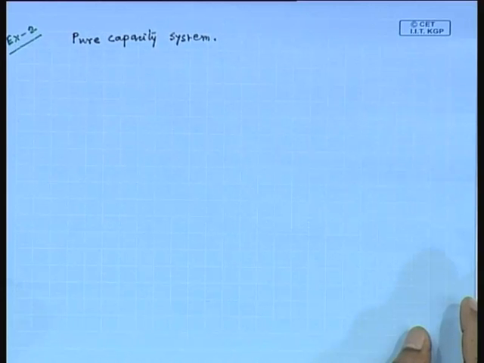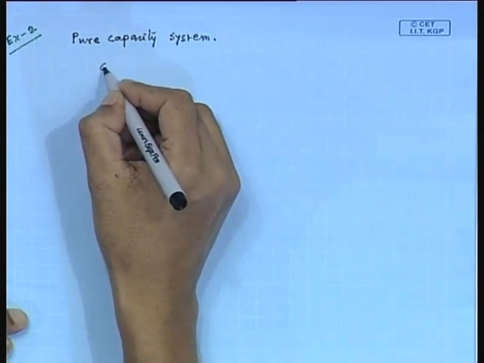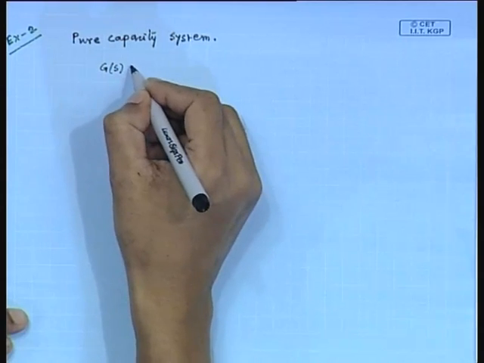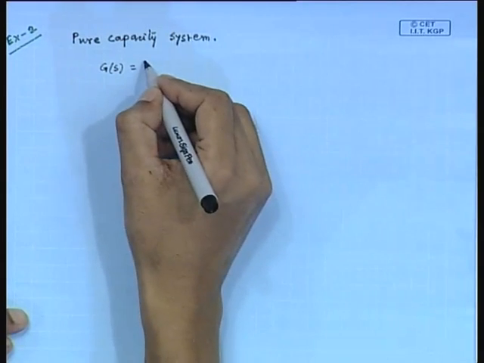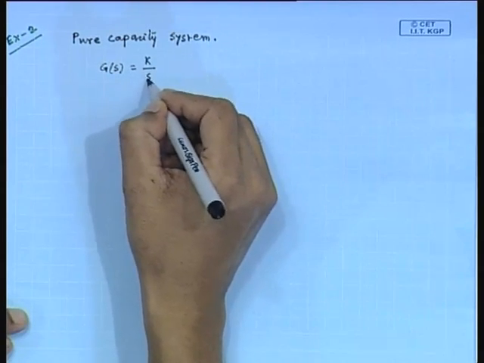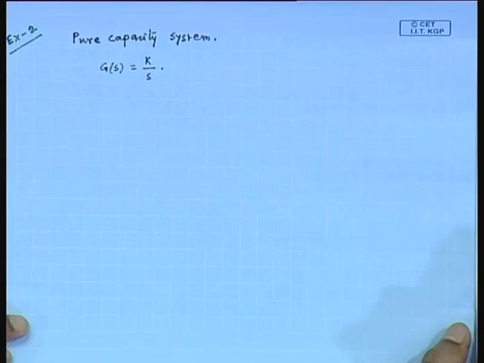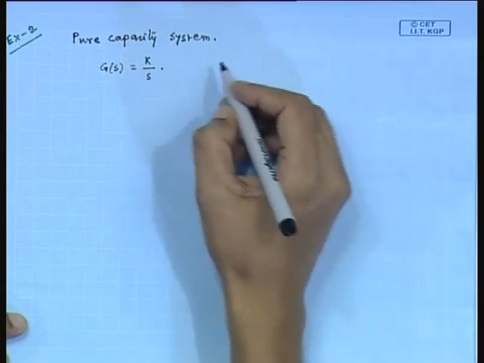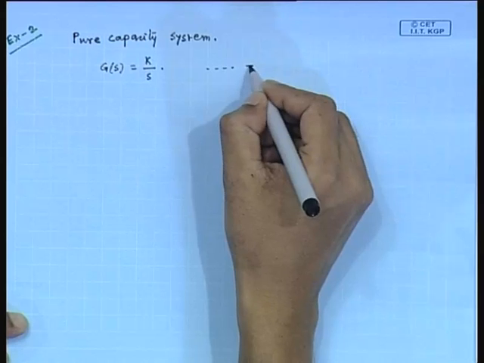What is the transfer function for the pure capacity system? Gs is equal to K by S. This is the transfer function of a pure capacity system.